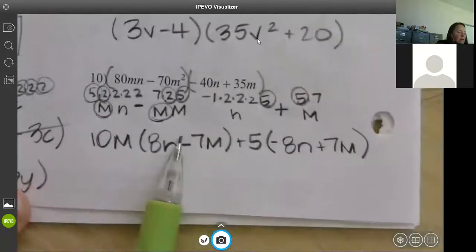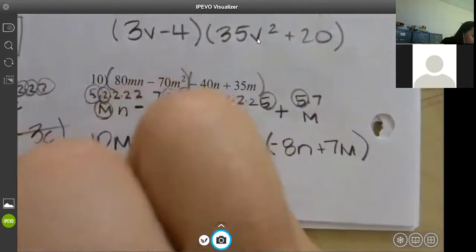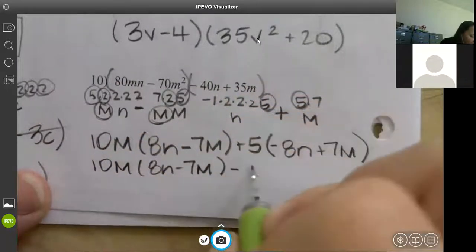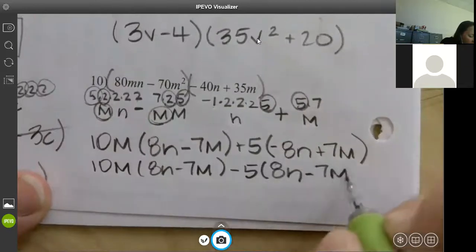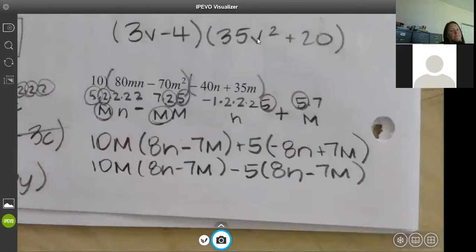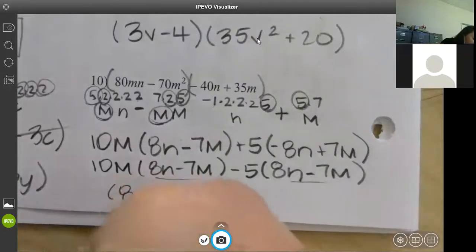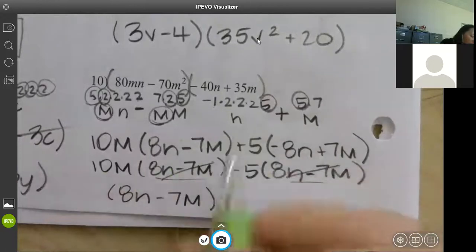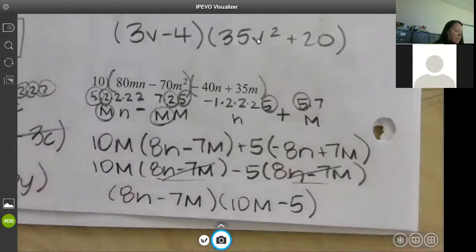Our parentheses don't look alike, but what can I do to make them look alike? Change the sign. So keep the first. And then change. -5x, positive 8n, minus 7m. Parentheses come first. 8n minus 7m. And then our leftovers, what we left outside, 10m minus 5.